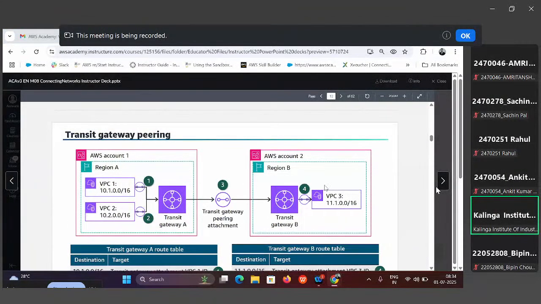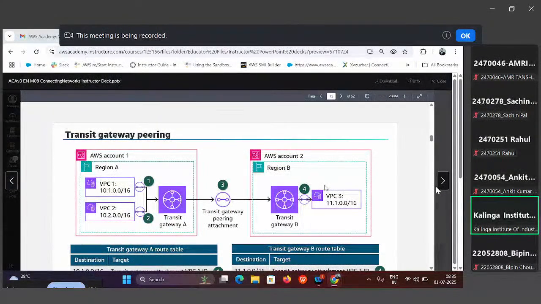Just look here. We were discussing the different accounts, your account and your friend's account. They are from different regions and they are connecting to the transit gateway, which is one of the services that creates peering connections between different VPCs.